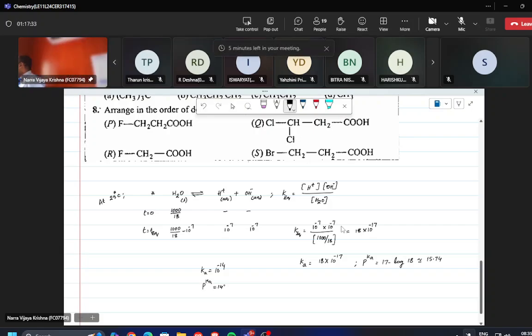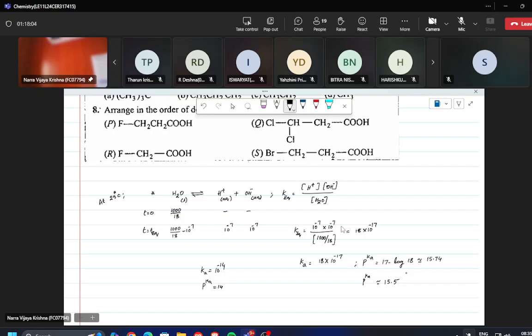Right? As I am comparing the pKa value of water and methanol, in olden days they took the pKa of water as 15.74, and pKa of methanol is approximately 15.5, which is lower pKa.